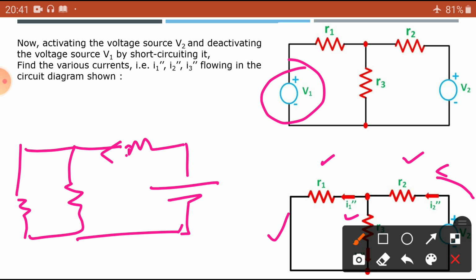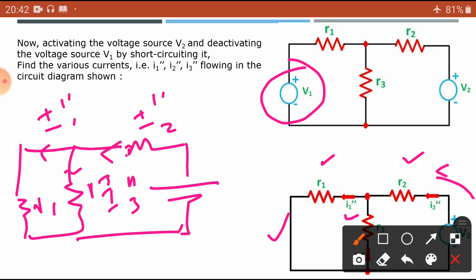This is the current I2 double dash, from the second source. This is I3 double dash. This is I1 double dash. So, you know that R1 and R3 and this is R2. Now, we can see here R1 and R3 are in parallel. Simplify it, and we are going to get this as R4, just for example.